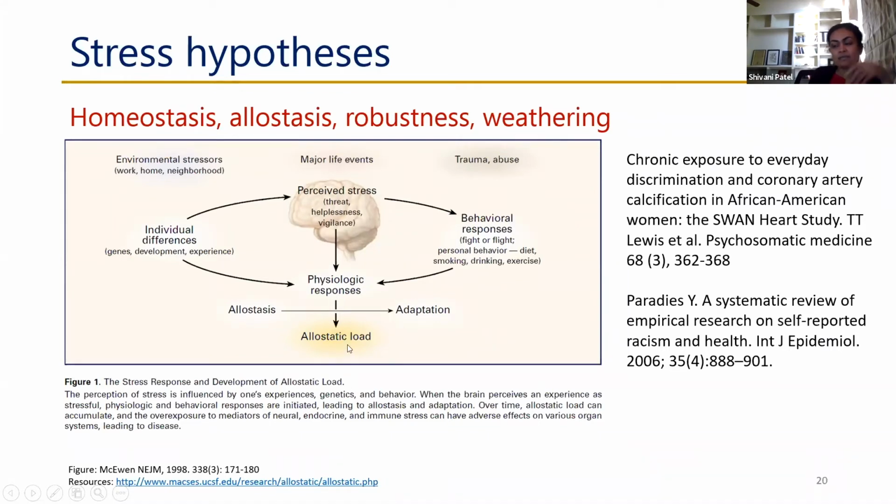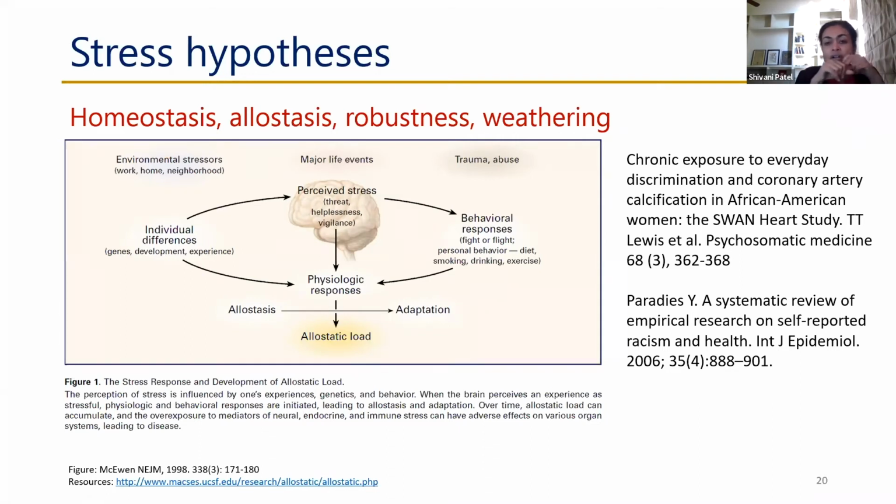And we think of the accumulation of all of these stressors as allostatic load. What I've provided here are just a couple of references. One is by my colleague Tanae Lewis in the Department of Epidemiology, who's a psychologist who studies the impact of racial discrimination on health. One example is chronic exposure to everyday discrimination and coronary artery calcification in African-American women.